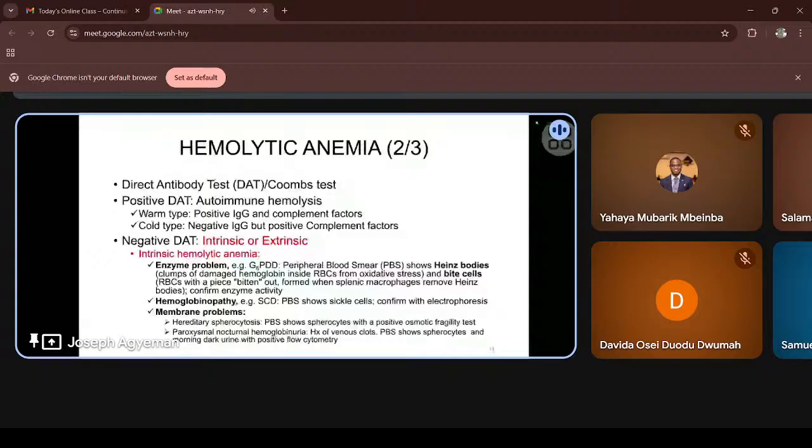On peripheral blood smear, you again have spherocytes. So the distinction between hereditary spherocytosis and this one is that in both scenarios there will be spherocytes, but in the nocturnal one, there is early morning Coca-Cola-like urine, hemoglobinuria.